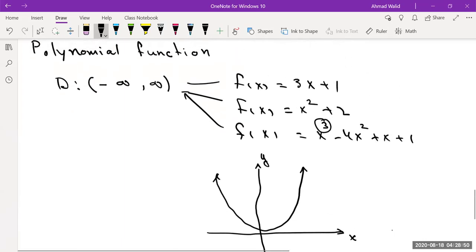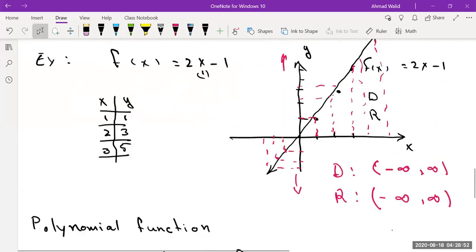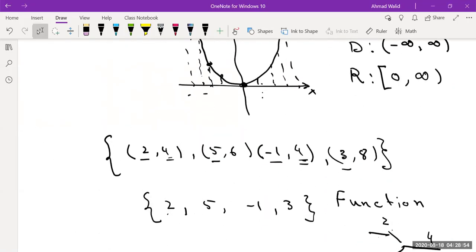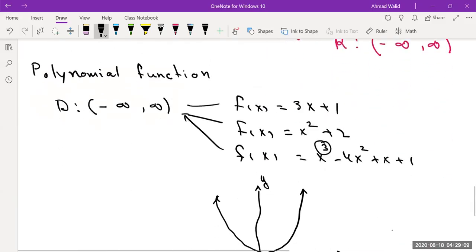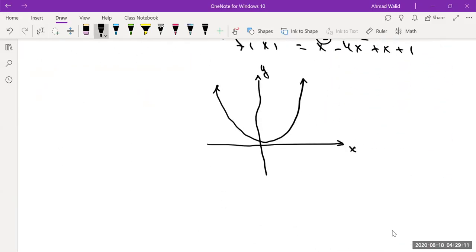Here, I discussed with you that if I give you a set of ordered pairs or relations, and ask you if it's a function or not, just check the value of x. If there is no repeating x, it represents a function. But here, if I give you a graph, how should you know whether this graph represents a function or not?